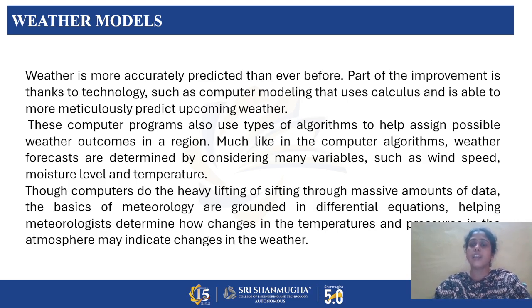Much like computer algorithms, weather forecasts are determined by considering many variables such as wind speed, moisture level, and temperature. Though computers do the heavy lifting of sifting through massive amounts of data, the basics of meteorology are grounded in differential equations, helping meteorologists to determine how changes in the temperatures and pressures in the atmosphere may indicate changes in the weather.